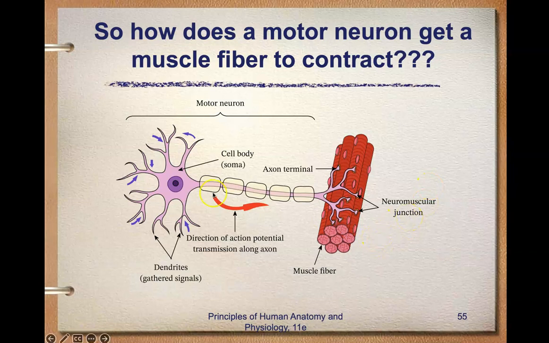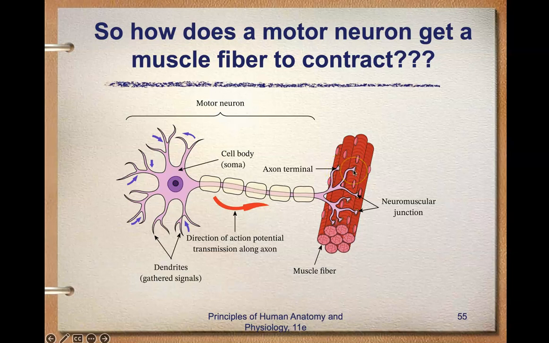What is going to happen here is as a message is transmitted down a motor neuron, there's going to be an electrical signal that moves down and washes over the membrane of the neuron. When it reaches the very end, what we call the axon terminal, it comes down that axon terminal and reaches what we call the synaptic bulb.